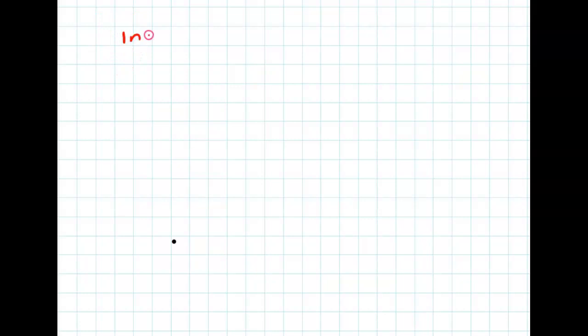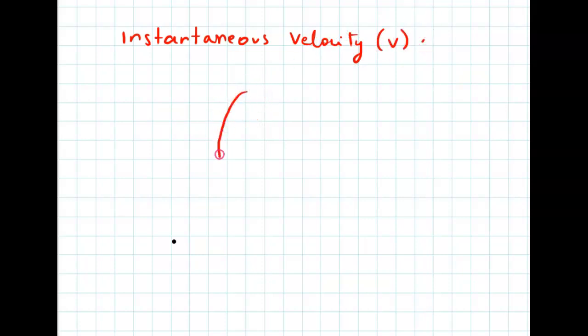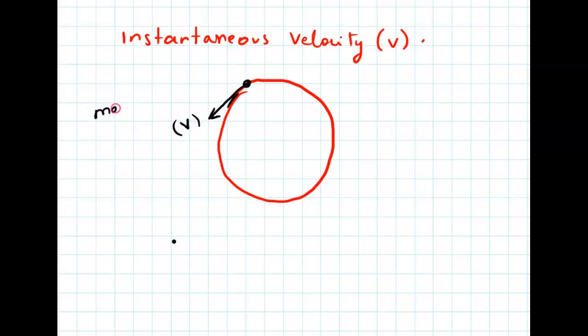Here, instantaneous velocity. Now here is a circle and you take any point P. At this particular instant, if you want to find the velocity, you have to draw a tangent. This will give you the magnitude, meaning the speed of the particle which is moving around the circular path.